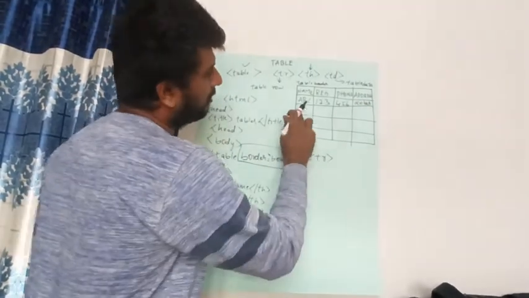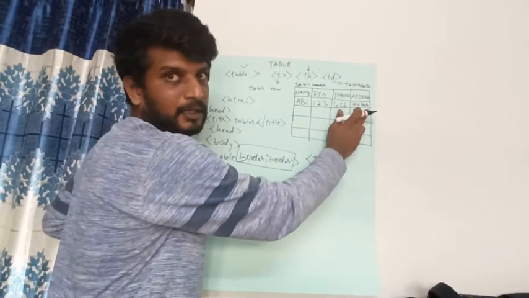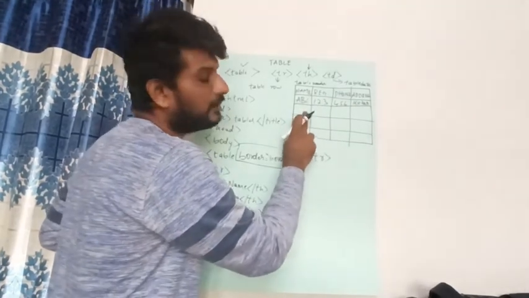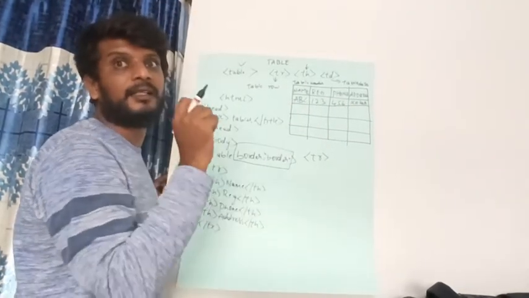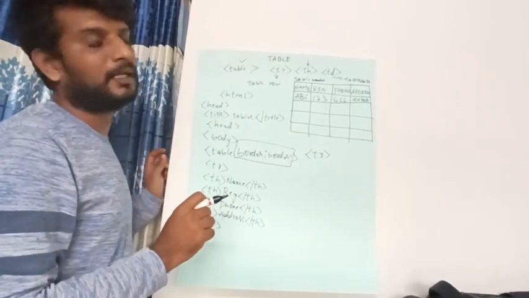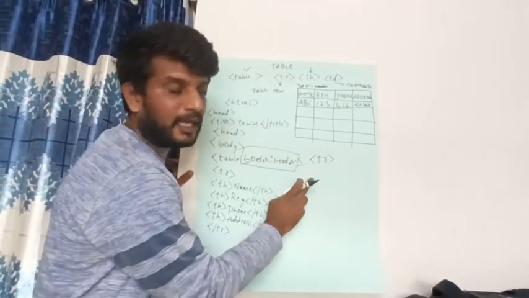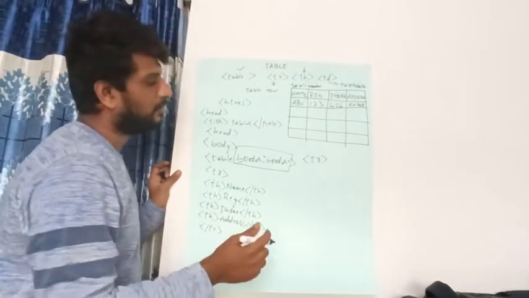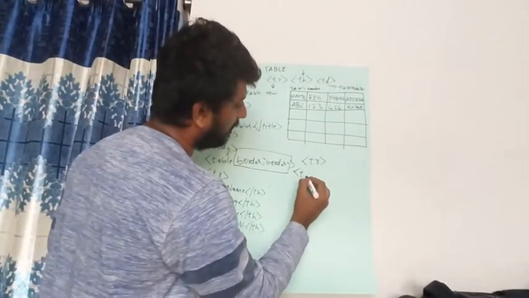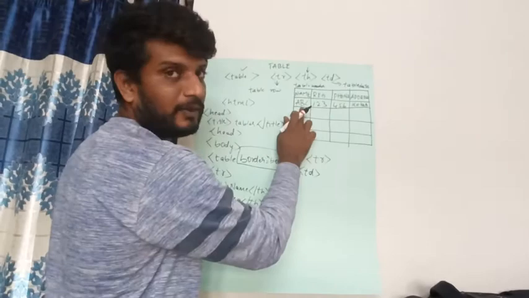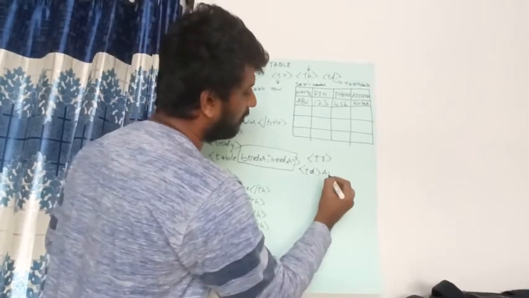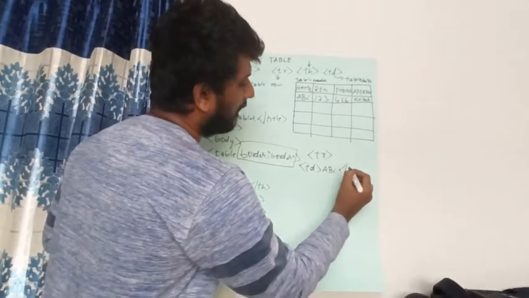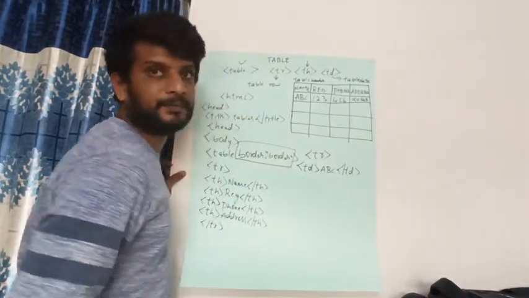These are all the table data. Table data needs to be enclosed within the TD tag, whereas the table header needs to be enclosed within the TH tag. So I will take TD. The first value is ABC, so I will write it as ABC, and then I will close TD.